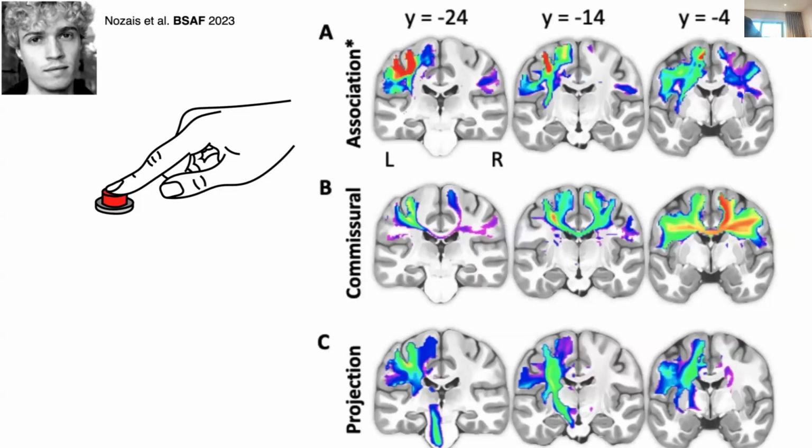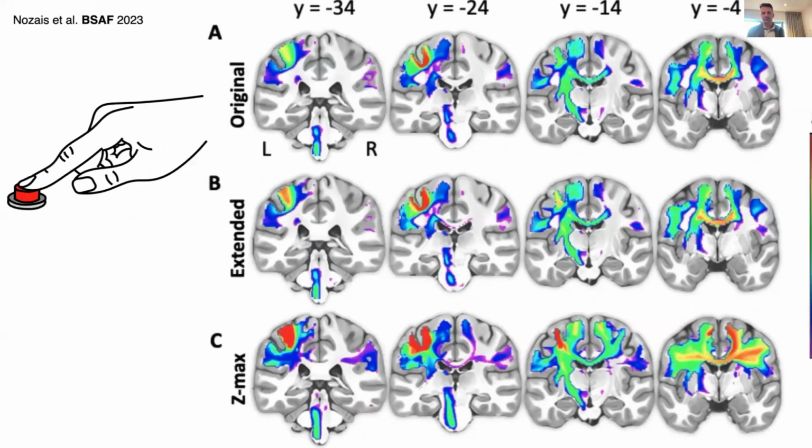Let's get back to our friends pushing that button. You can see now that you can make different maps that correspond to those different systems: association fibers involvement when you push that button, versus commissural involvement, versus projection involvement. And then you can also compare the original analysis with the extended version of the tractography that I showed you.